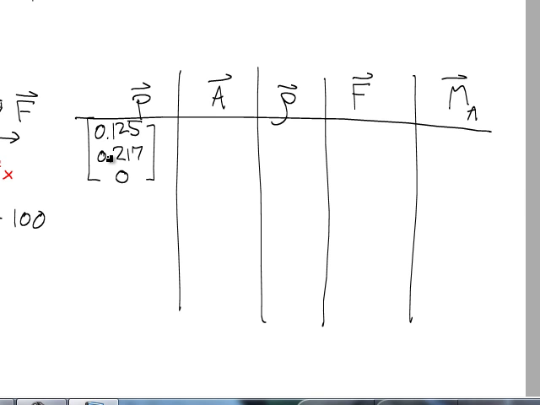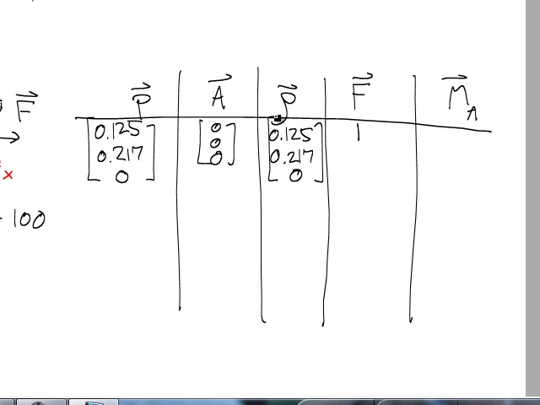What's the about point in this coordinate system? Yep, it's the center of mass, and that's at the origin, so that's just going to be 0, 0, 0. And so that's not going to change as we go down this list, no matter how many forces you're dealing with. So now this minus this gives us the r vector, so we have 0.125, 0.217. The force vector, we don't know anything about that direction.